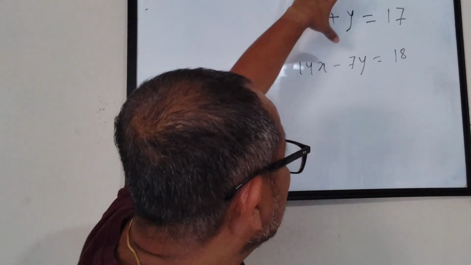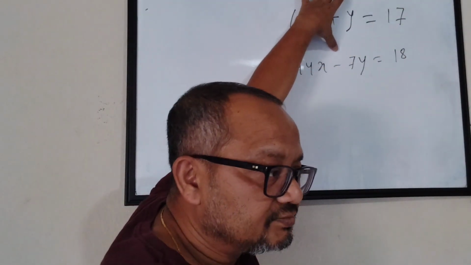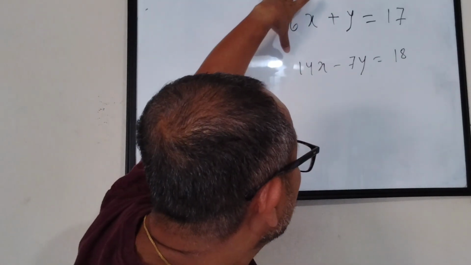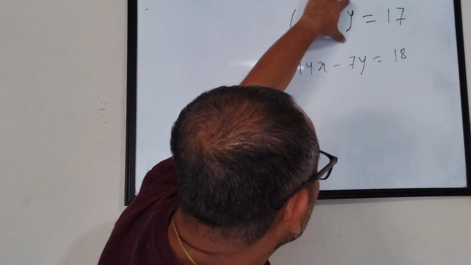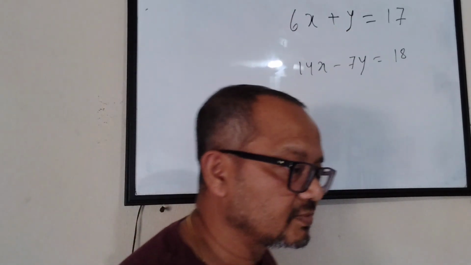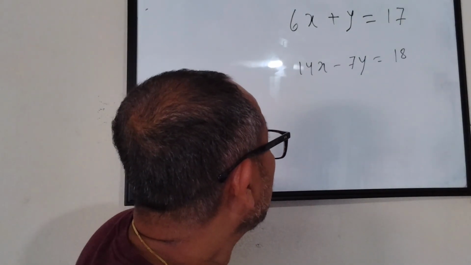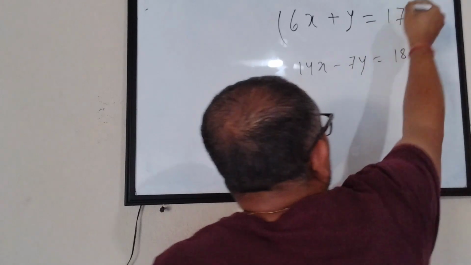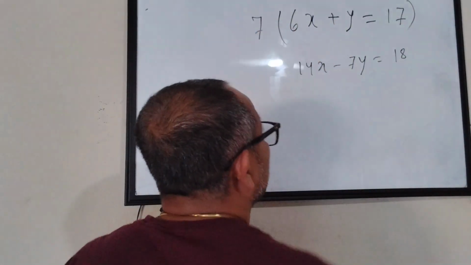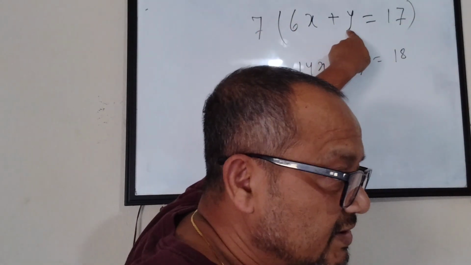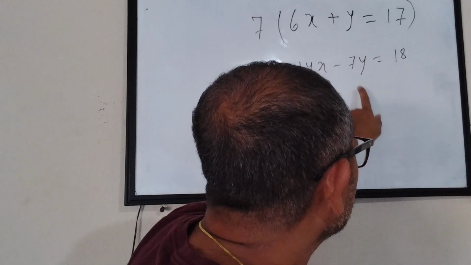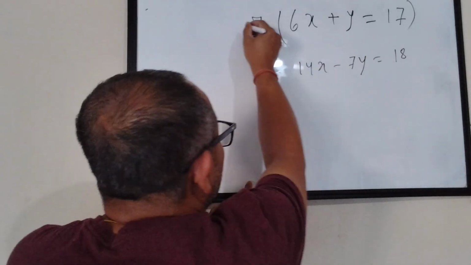Our goal is to knock off one of the variables. See, here you have plus y, here you have minus 7y. Okay? Meaning, if you multiply this one with 7, this also becomes 7y, but that will be plus and this will be minus. So let's multiply this first.